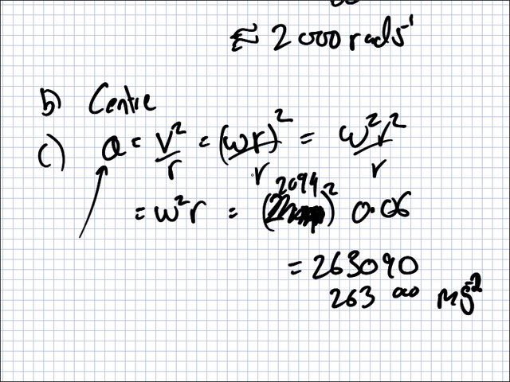Hang on, something's gone wrong here. What's the formula? I've gone confused. Is it V squared over R? Yes.